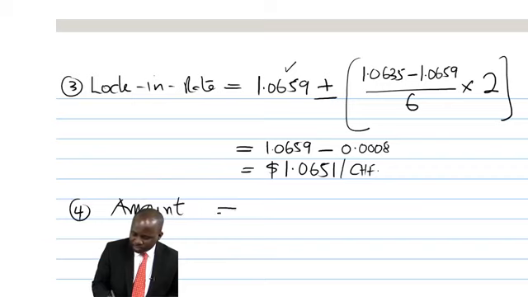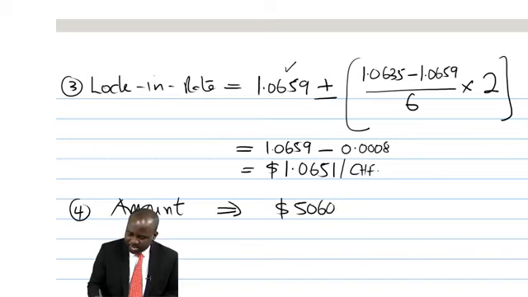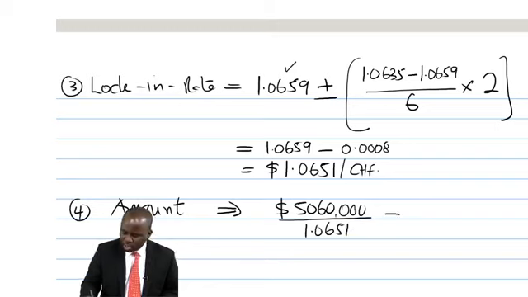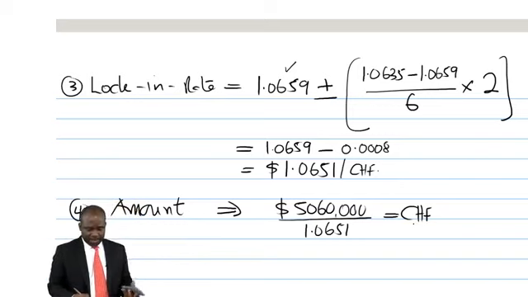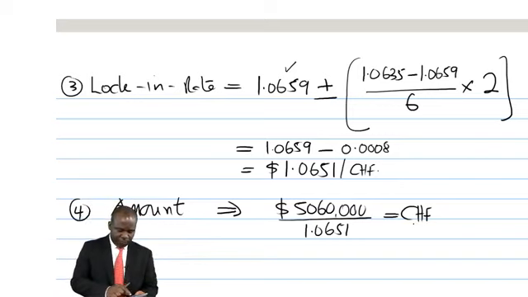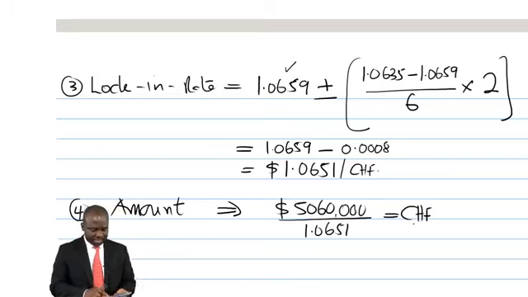The amount is that you want to pay off 5,061,23, and you locked the rate at 1.0651. So how much CHF are you committed to pay? That I will do as 5,061,23 divided by 1.0651.